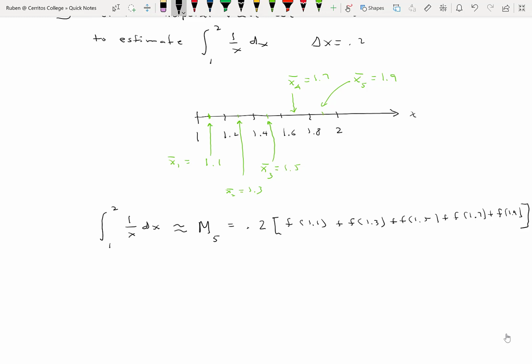Compute this using the keystrokes that I showed you for the graphing calculator, push enter, and you'll see the actual approximation. My calculator gives me 0.6919, let's see, 0.78857.